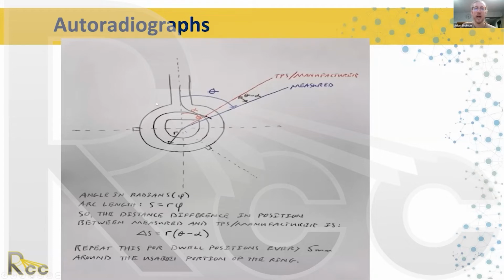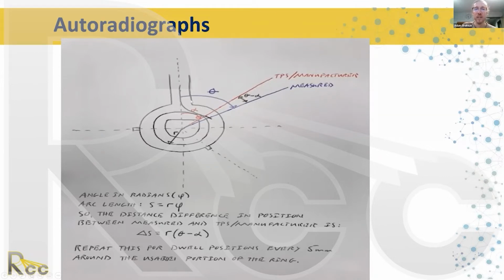Again, here's a quick diagram that shows what I'm talking about, but in picture form. So here's our ring, and either through our model file or through a vendor manual, we've got this angle in red, which shows where the TPS says the source should be. The source should be right here with this angle, alpha.